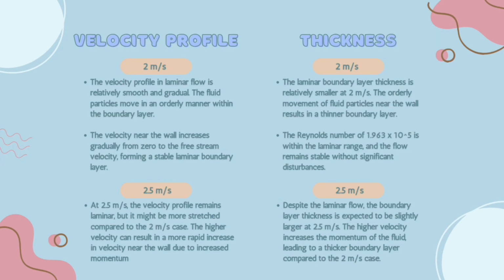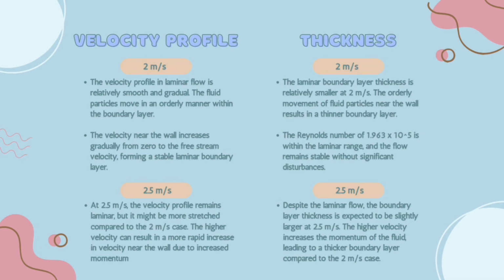Thickness, on the other hand, for 2 meter per second, the laminar boundary layer thickness is relatively smaller than 2.5 meter per second. The orderly movement of fluid particles near the wall results in thinner boundary layer. The Reynolds number of 1.963 times 10 to the power of 5 is within the laminar range, and the flow remains stable without significant disturbance.